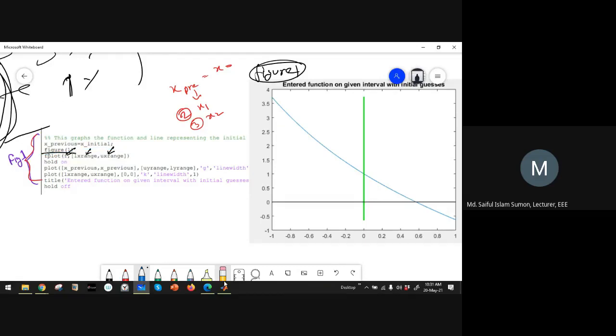Now, hold on. What will this hold on do? Hold on will just hold this figure to accommodate more curves. Because this curve has been drawn, I want to draw some other curves. This plot will just plot x previous. What's x previous here? 0, isn't it? Yes, sir.